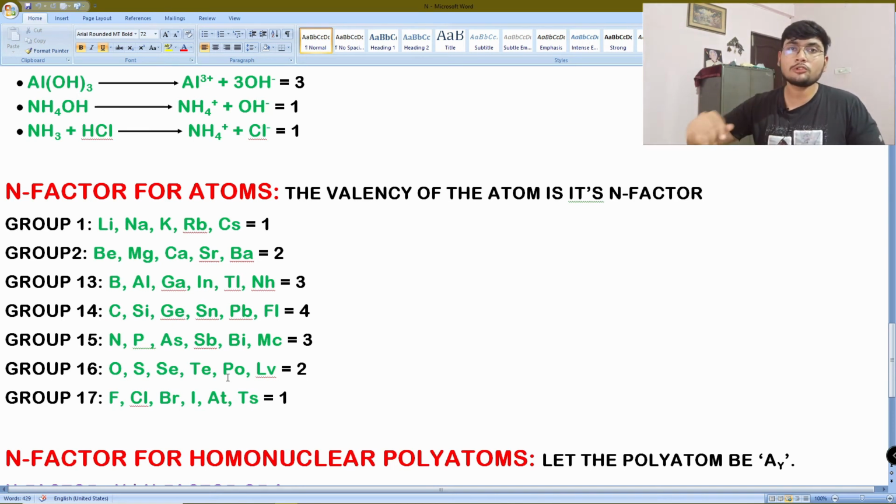Now comes the halogen group, which is group 17, which is fluorine, chlorine, bromine, iodine, right? So their valency is 1, right? Because there are 7 electrons in the outermost shell and only 1 is needed to fulfill the shell to have a noble gas configuration. So the valency is 1, right? So the n factor of the halogen group, which is group 17, is 1, all right?